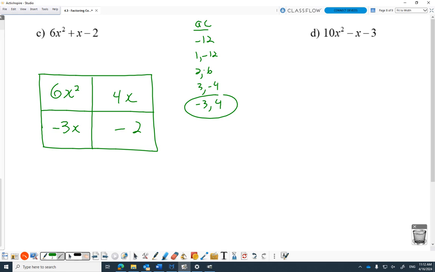Now, who remembers? I've only taught it once, but what do I do now with this? Yeah, common factor. Actually, you don't need to do columns. You could do rows. It doesn't really matter which way you do it. But I said columns. So I'm going to common factor here and common factor there. And then you've got choices. You could common factor the other way, or you could just go, okay, so what do the other pieces have to be? 3x times something is 6x squared.